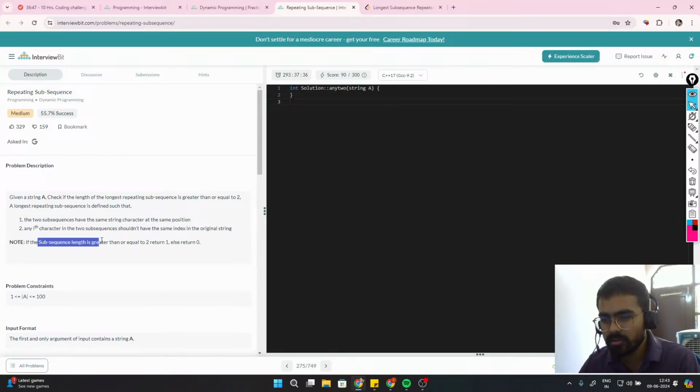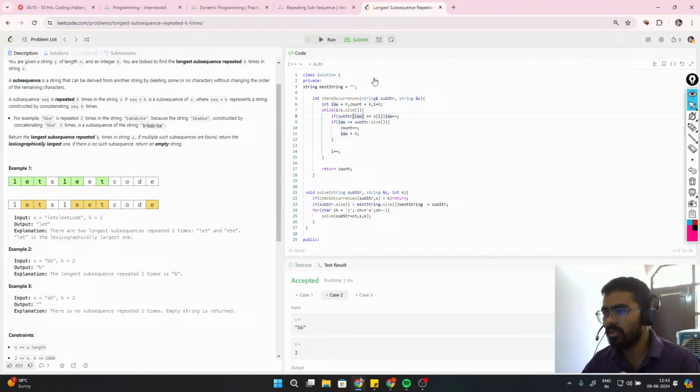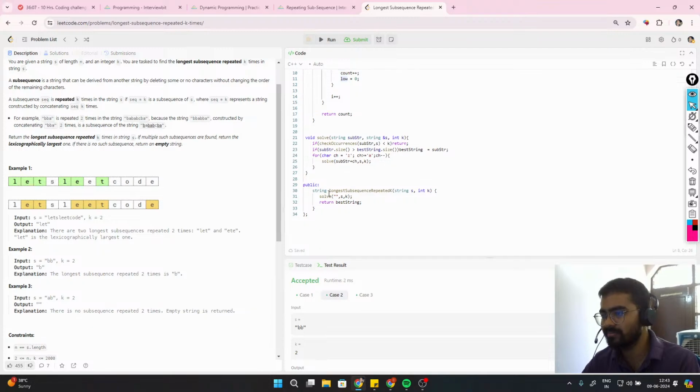If the subsequence length is greater than or equal to 2, return 1. Longest repeating subsequence: the two subsequences have the same string character at the same position. Any ith character in the two subsequences shouldn't have the same index. It means I need to find the longest repeating subsequence, and if it is greater than 2, I'll consider that in our answer.